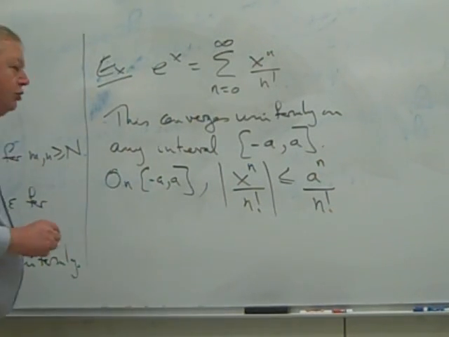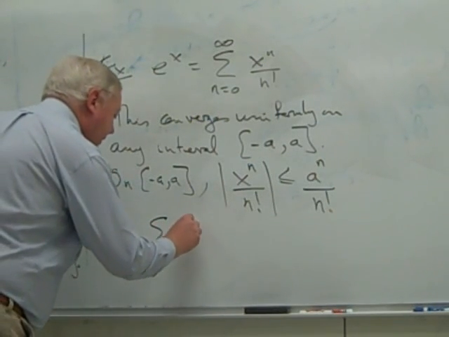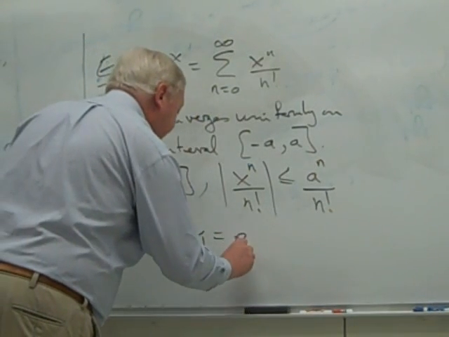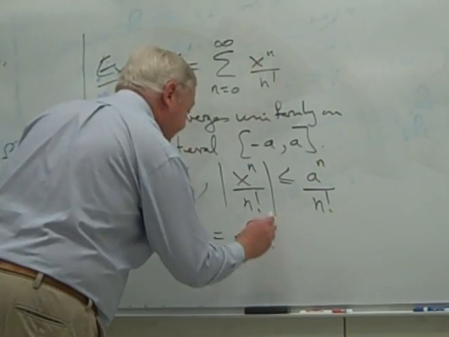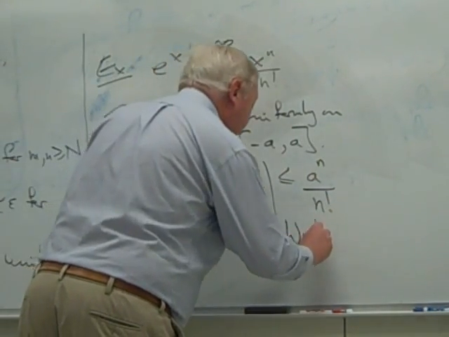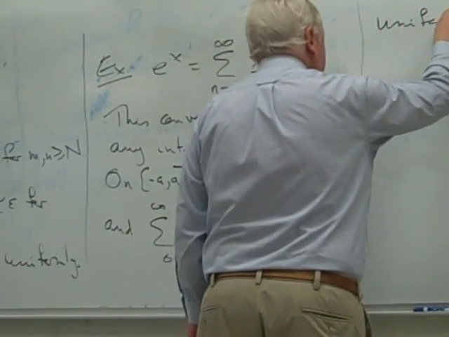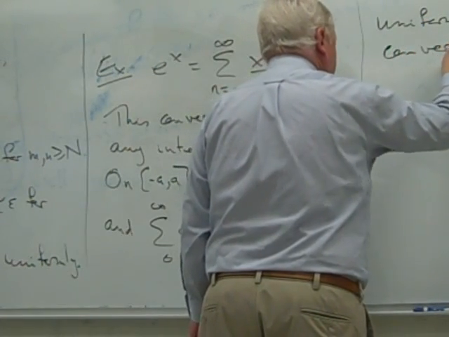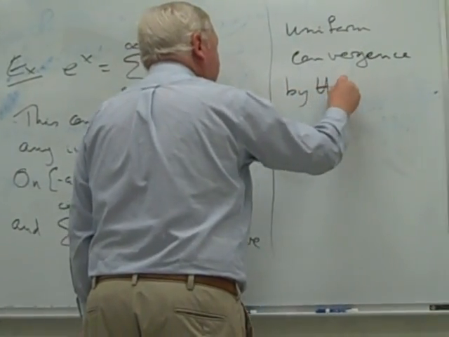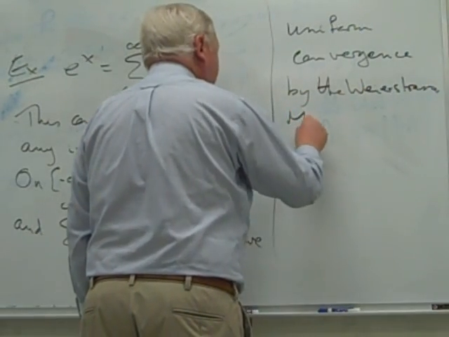And this is a convergent series because the sum of a to the n over n factorial from 0 to infinity is actually e to the a. So we have uniform convergence by the Weierstrass M-test.